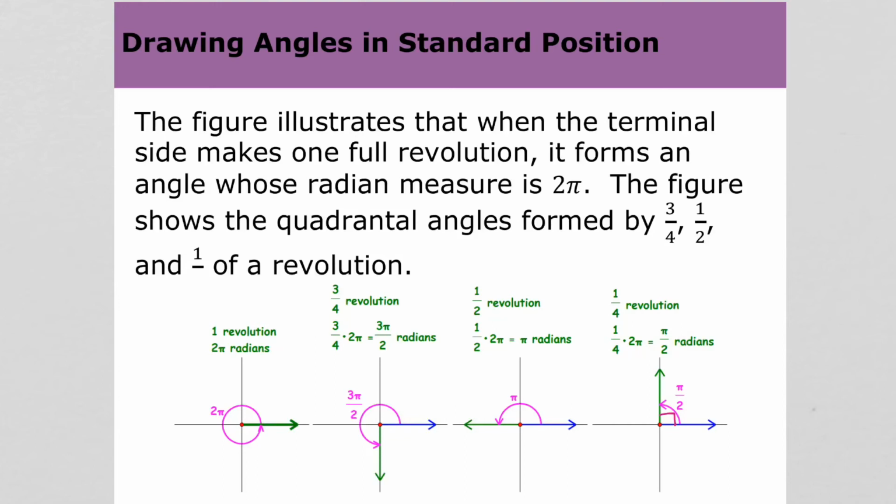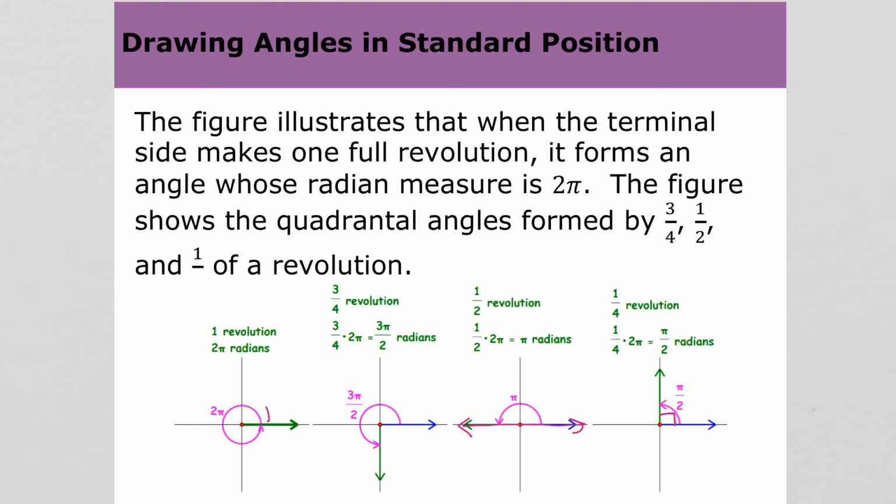We talked about the fact that 180 degrees makes a straight angle, a line. We're looking at the third picture right now. And 180 degrees is the same as pi radians. So that's why a straight line would also be pi radians. And why 90 degrees, looking at the fourth picture again, would be pi divided by 2.